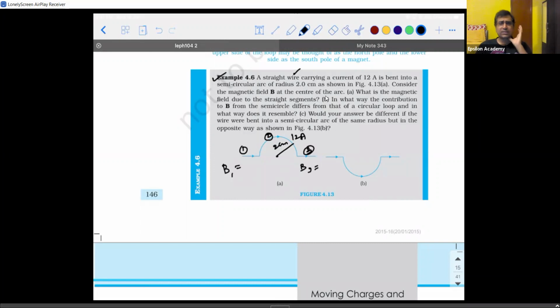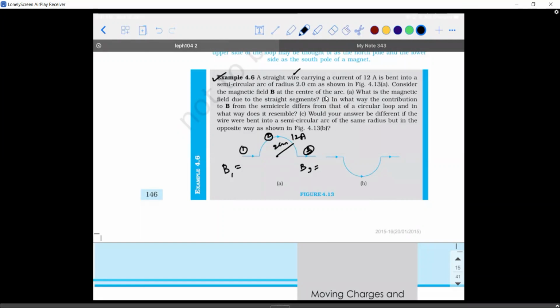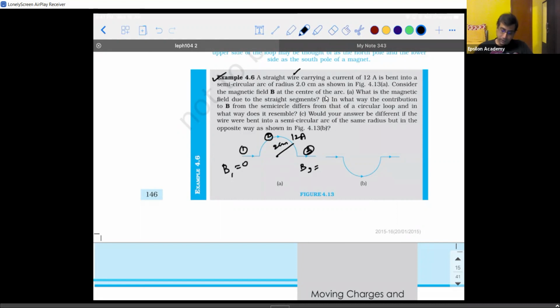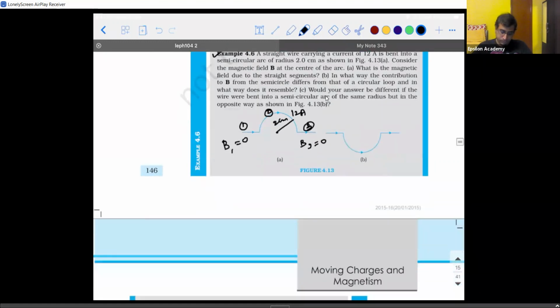It is a straight conductor. Due to the straight conductor, what is going to be the magnetic field? It is 0. Similarly, B3 is also 0. Then what about B2? It is a semicircular conductor, right? So the answer will be mu naught I divided by 4A.